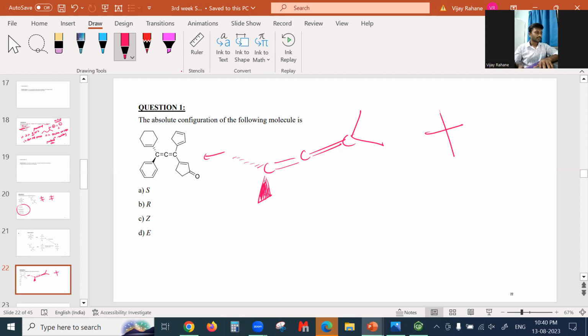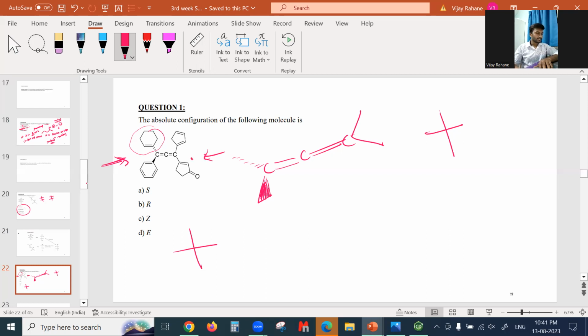If you look from this side or this side, it depends on which format you want to see the molecule in. You can easily visualize this molecule from either the right side or left side. I will visualize this molecule from the right side. Then this group is on the lower side, right? If I look from this side, I will give the numbering 1, 2 on both sides.